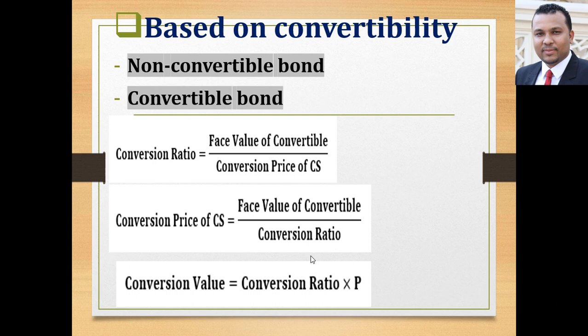Maybe when we talk about the right to call the bonds or the right to put the bonds, in all cases there are plans or no plans from the issuer in the case of callable bonds, and from the investor in the case of putable bonds.